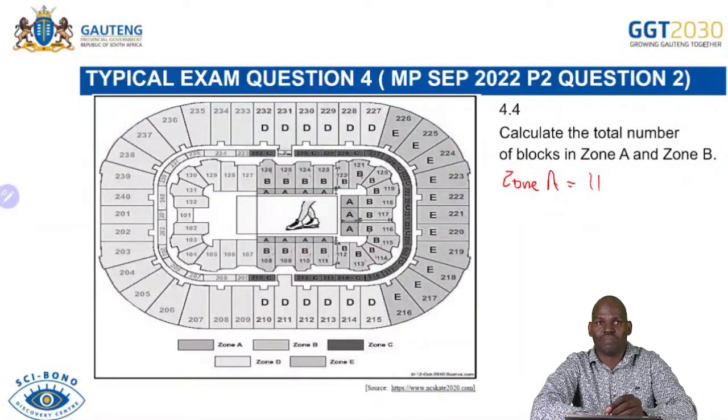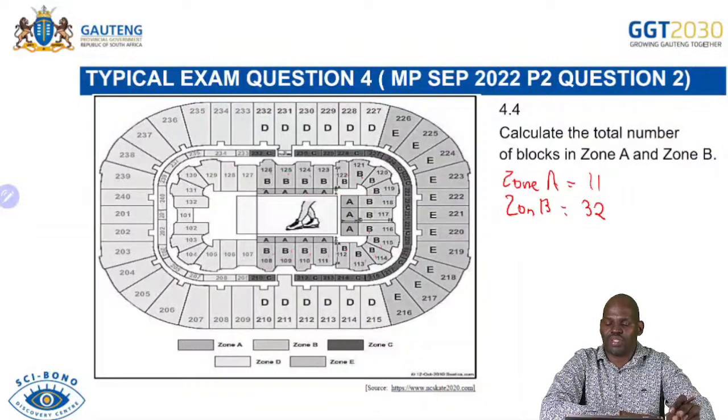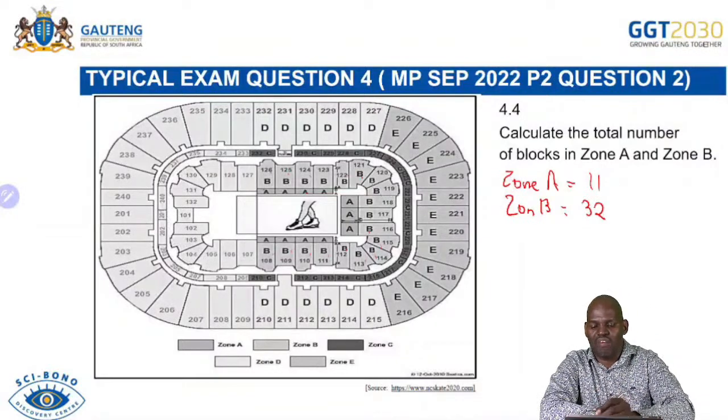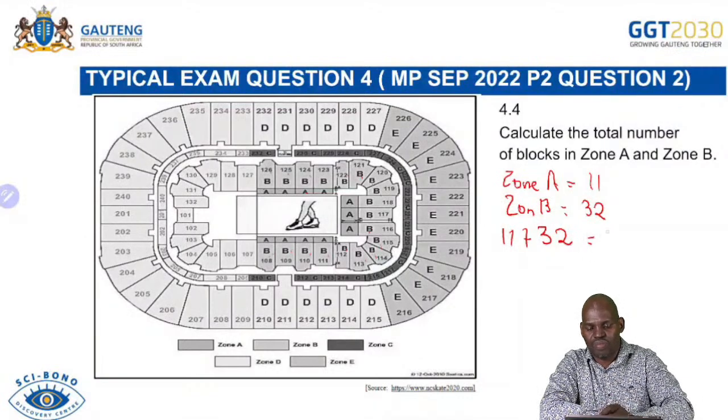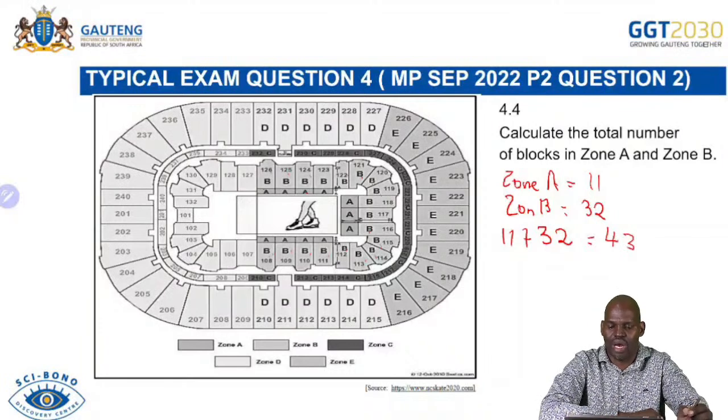So zone B is 32. So the total will be 32 plus 11, then that is 43. Okay, that is number 4.4.